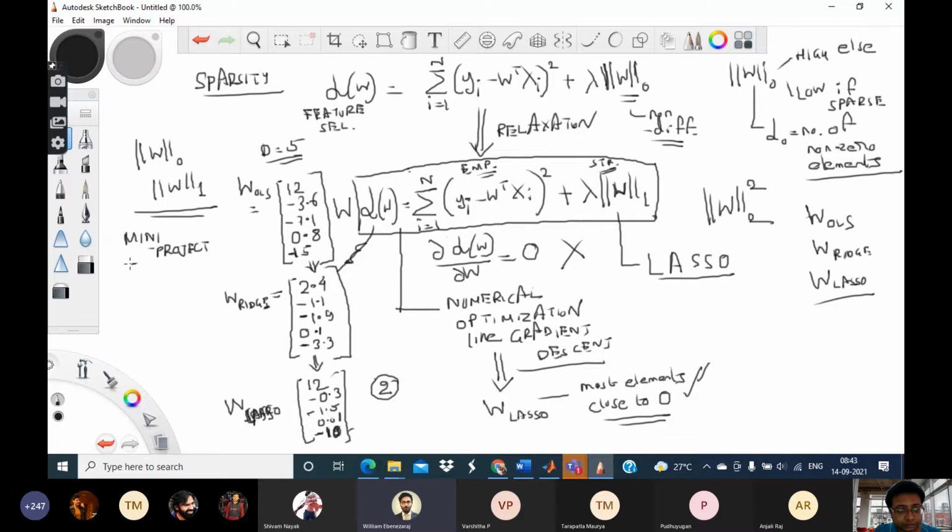So the mini project which I am giving you for this matter is: take any data set which you want, or you can generate data sets using random numbers. One is to compare OLS, ridge, and lasso for different lambda.